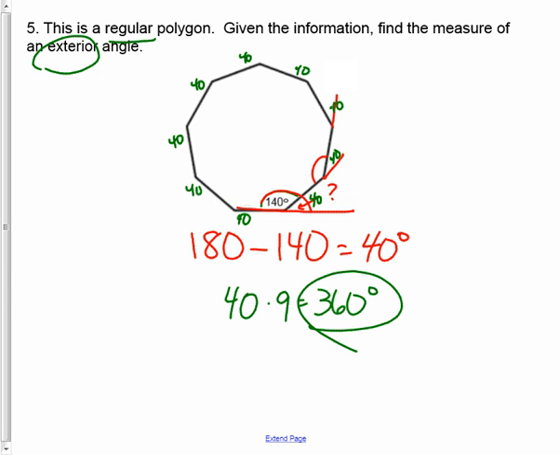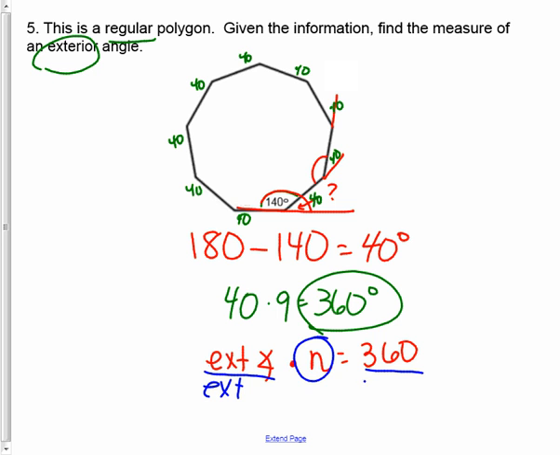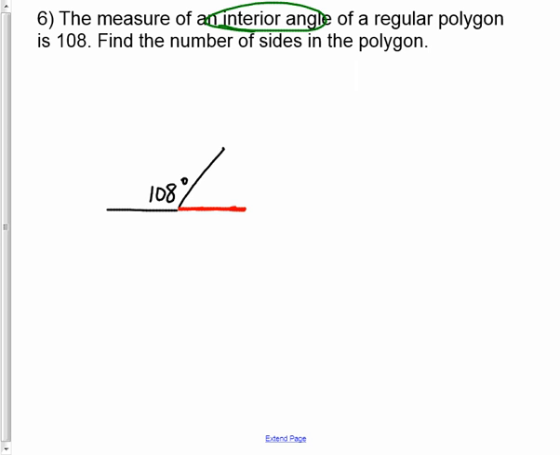So if I have the exterior angle times, this is the rule, the number of sides, and we'll just put n, because n stands for number of sides, equals 360, and I want to find the number of sides. I would have to take whatever the exterior angle is, like you're solving for the missing variable here, and we would divide 360 by that exterior angle in order to figure it out. n would equal 360 divided by the exterior angle. So that's what we're doing here.